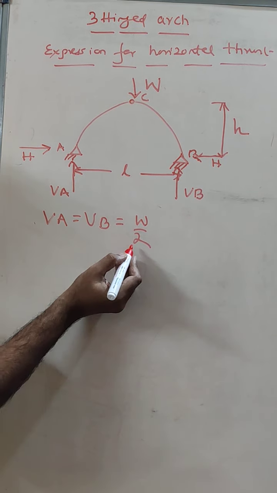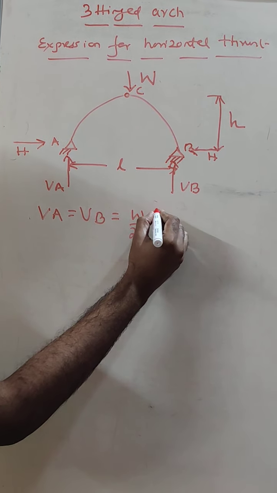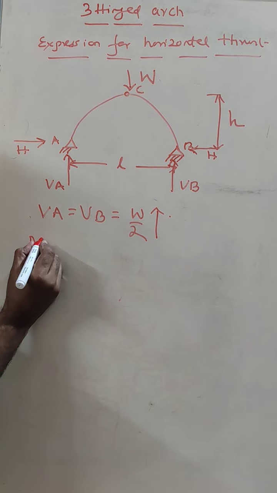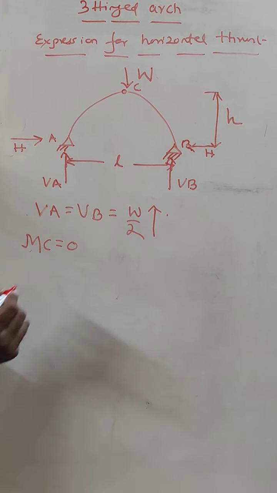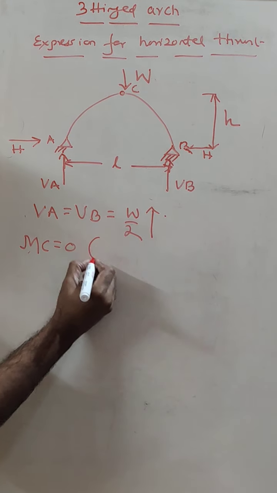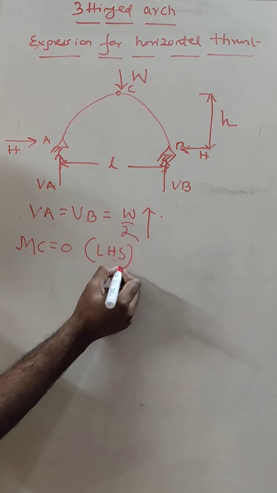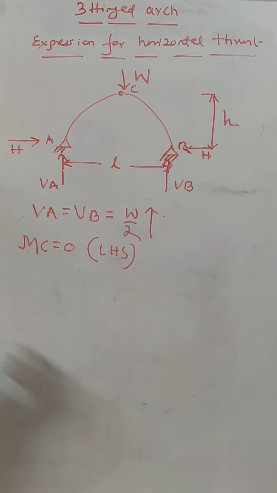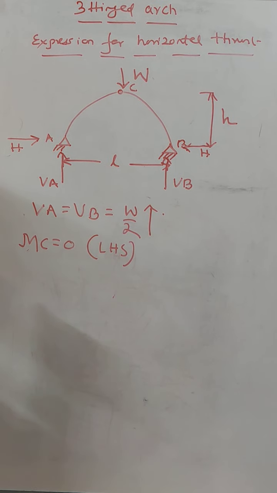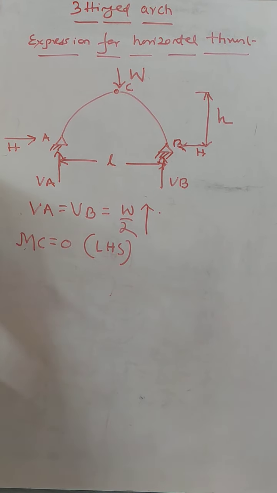Or VA equal to VB is equal to W by 2 acting upward. It's very simple. Now we will take moment about C equal to 0, like how we had done. Moment about the crown hinge equal to 0, left hand side. Or you can take the right hand side. Let me take the left hand side because we are used to taking bending moments on the left hand side of the section.